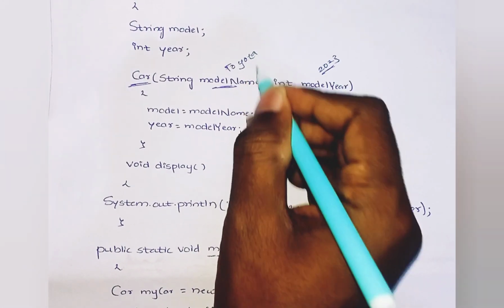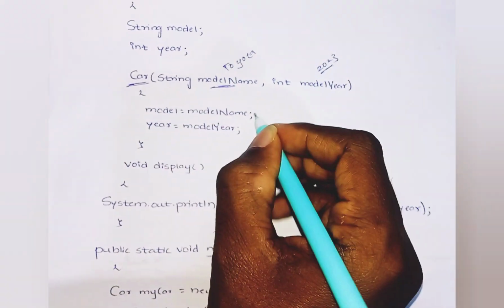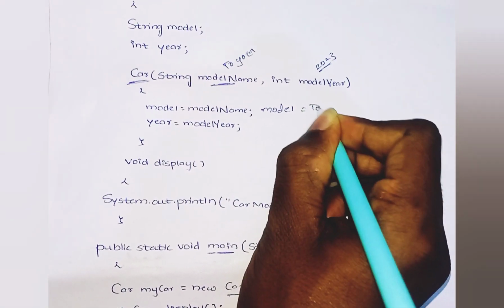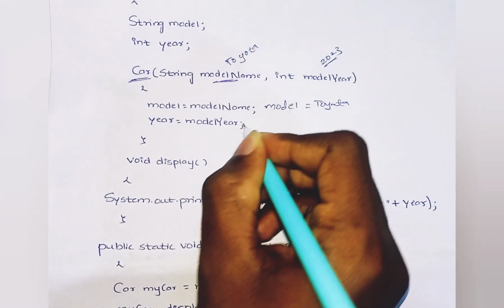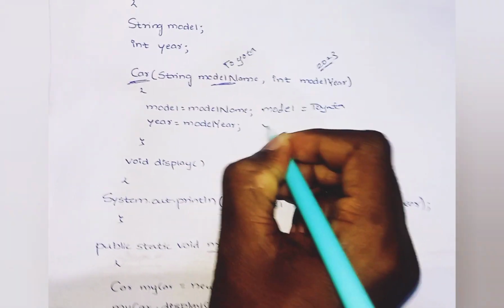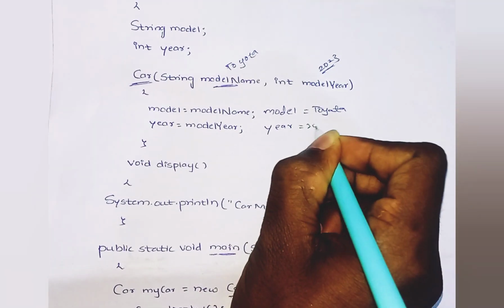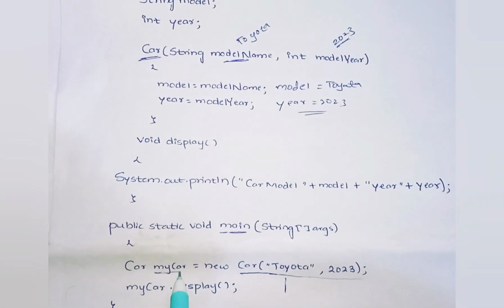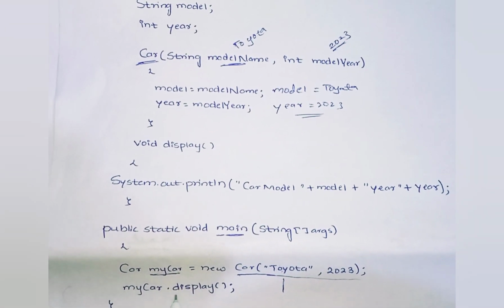So Toyota will be assigned to model, so model is equal to Toyota, and then the value 2023 will be assigned to year, so year becomes 2023. Next, using the reference variable myCar, we are calling the method display.